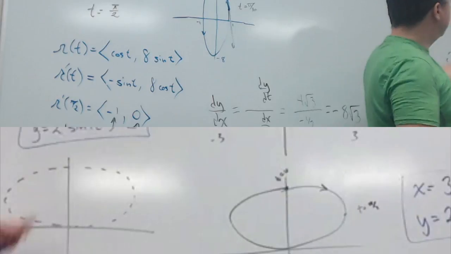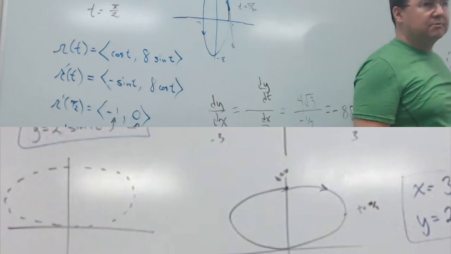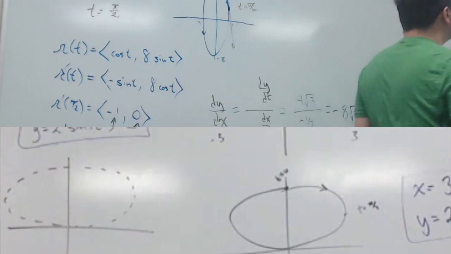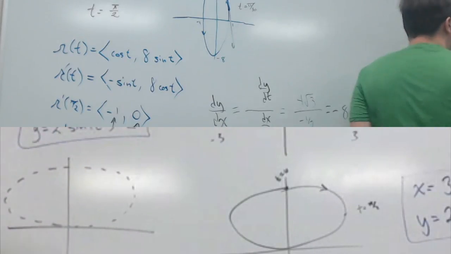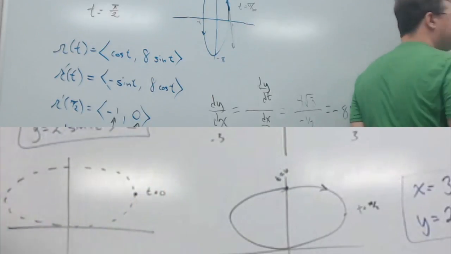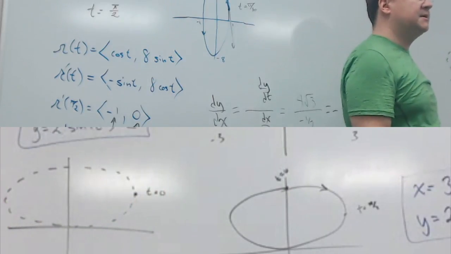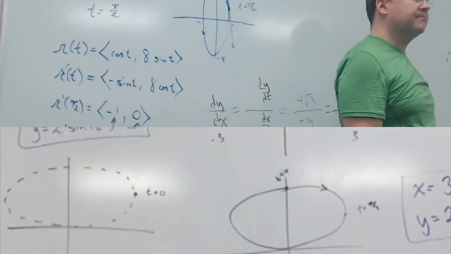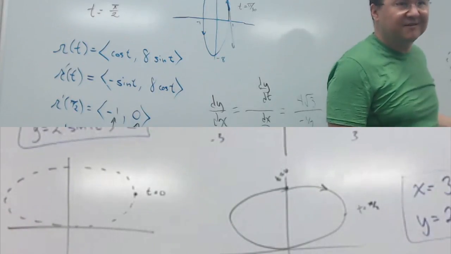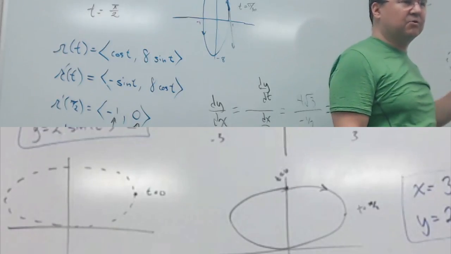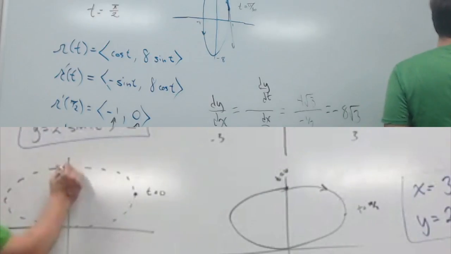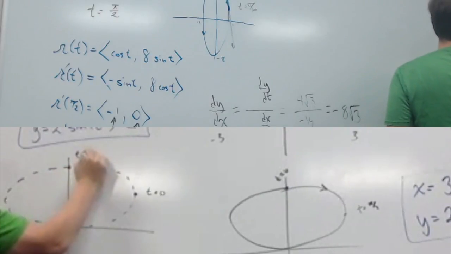But for example, when t equals 0, it's going to be the same as that one over there, because 0 squared is 0. So this is a point corresponding to when t equals 0. And as t increases up to, say, not pi over 2, but the square root of pi over 2, you square it to get pi over 2, and then you'll be right here.